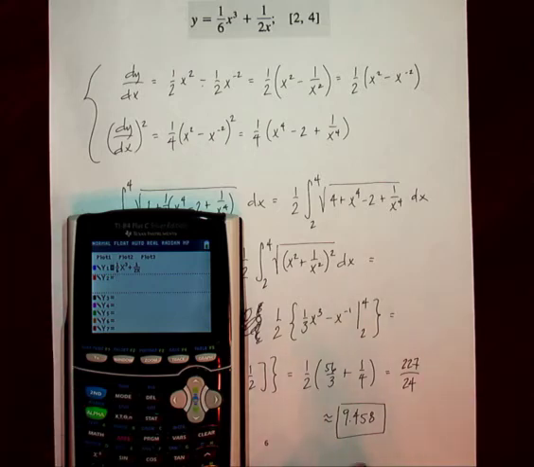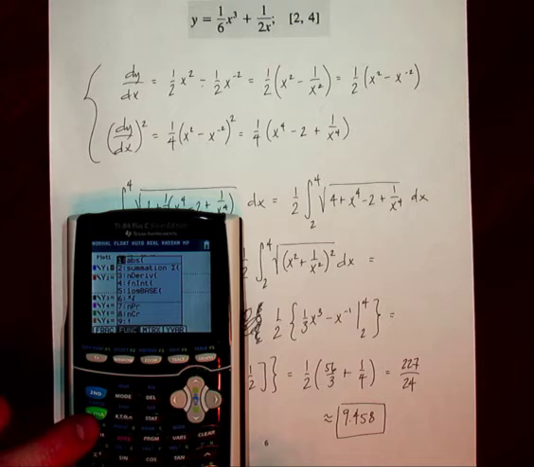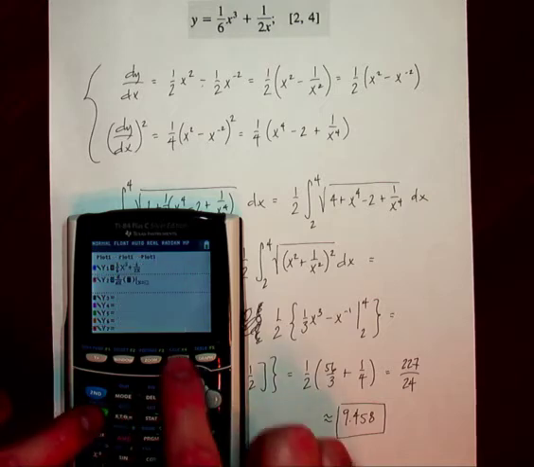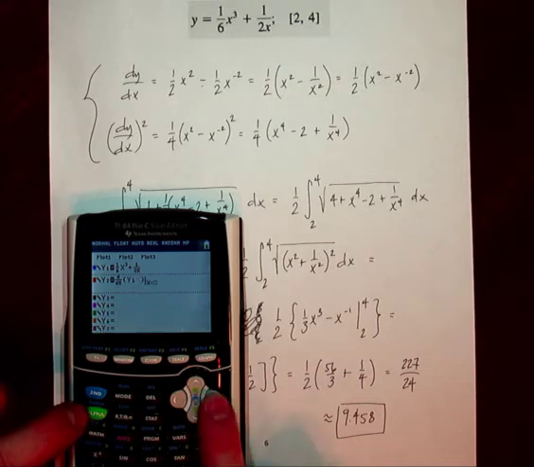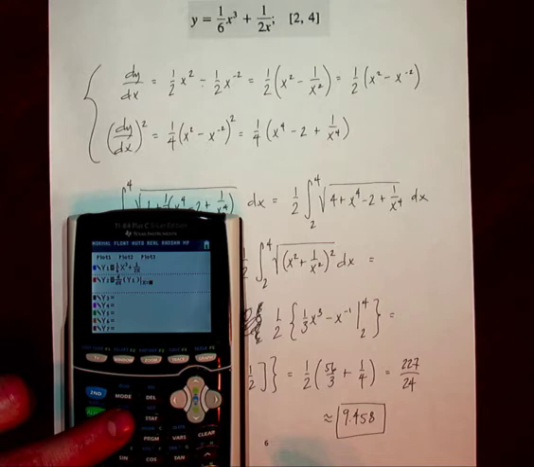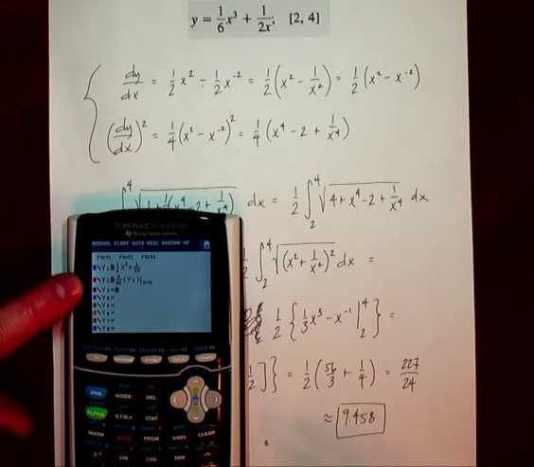If you don't want to do it at a particular value, you can use second F2, and you have the derivative with respect to x of whatever's in y1. But since you don't want to do it at a particular value, you just do it when x is equal to x. And now, no matter what problem you're doing, the y2 will always be the derivative with respect to x of y1, which is kind of cool.